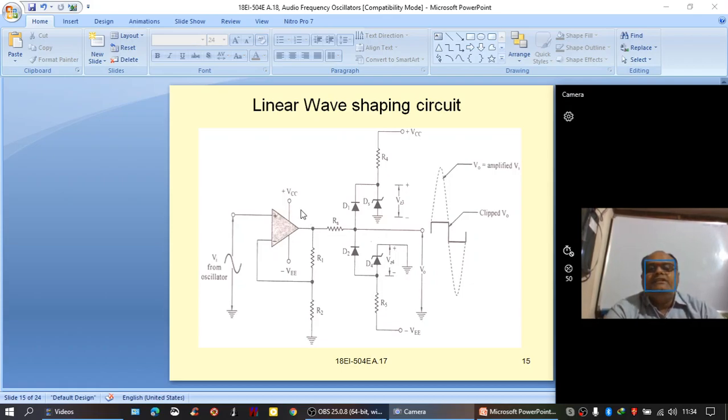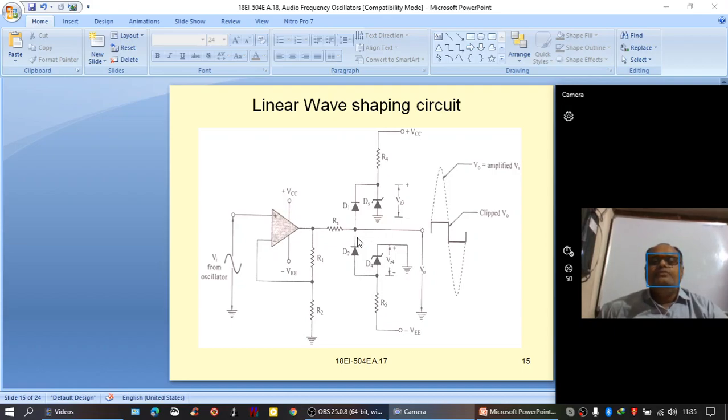When the output is high, that is VD1 plus VZ, a fraction of that output voltage, that is V naught, if I assume V naught equal to VD1 plus VZ, then V naught by R1 plus R2 into R2, that is the voltage provided as negative feedback to the operational amplifier. So when the sinusoidal voltage is increasing gradually, then the output continues to be positive.